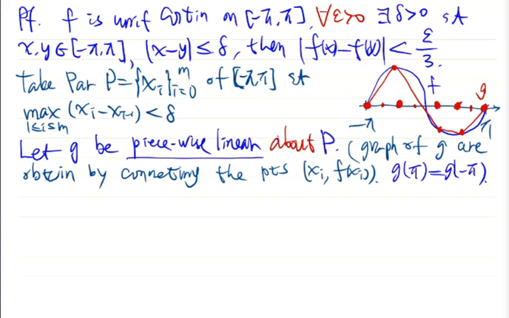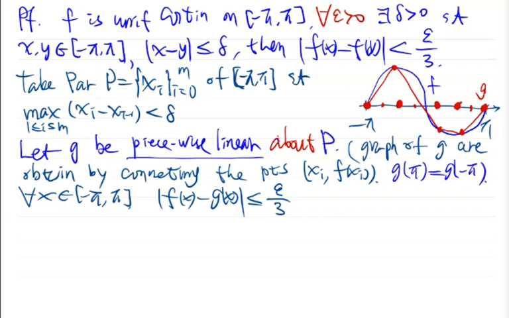We also know that for every x in [minus pi, pi], we must have |f(x) minus g(x)| not greater than a third of epsilon. Why is this true?